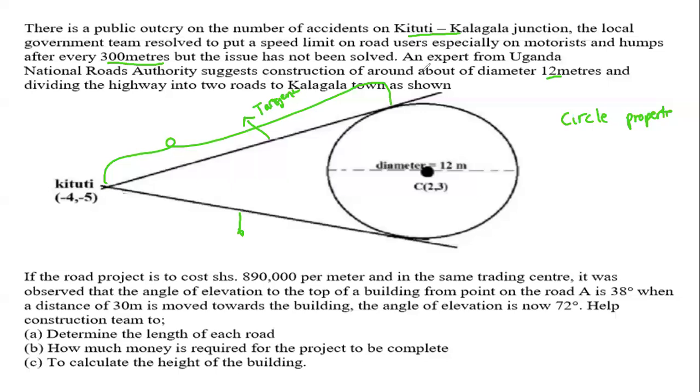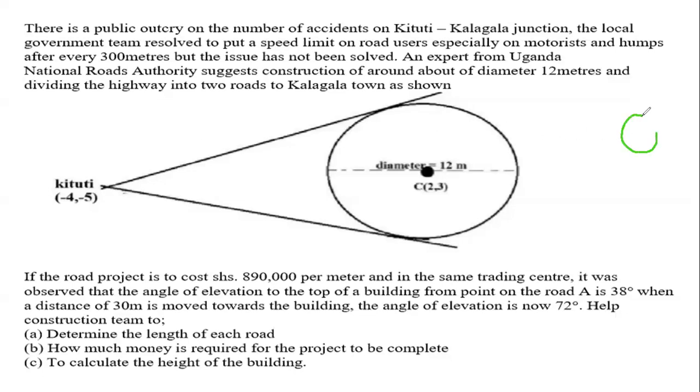In order for us to obtain the length of that particular road, the first thing you need to know is the distance from there up to here. I'm going to first take you back to your knowledge of circle properties. If this is the circle and I have any line tangential to my circle, and this is where the center of the circle is, any line I draw from the center to the tangent forms a radius.